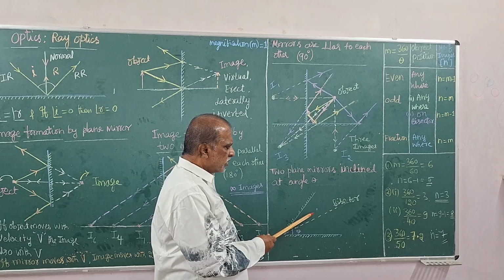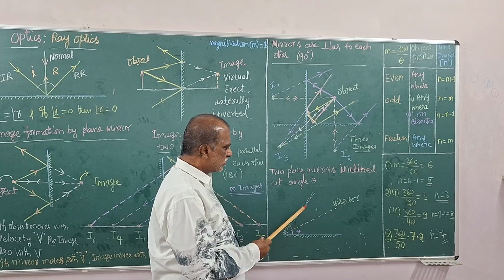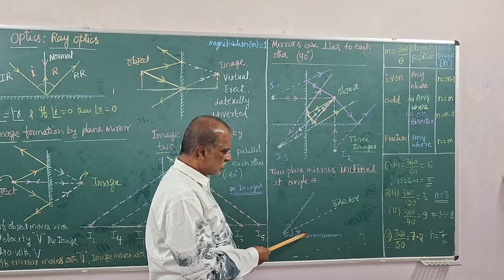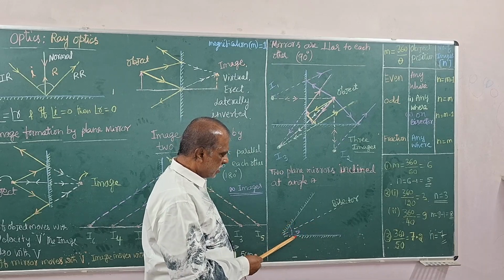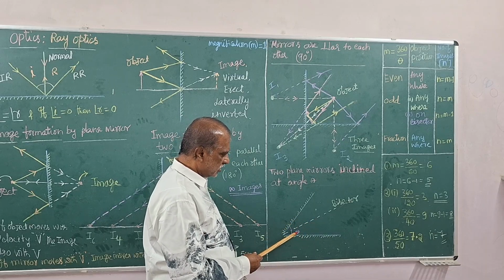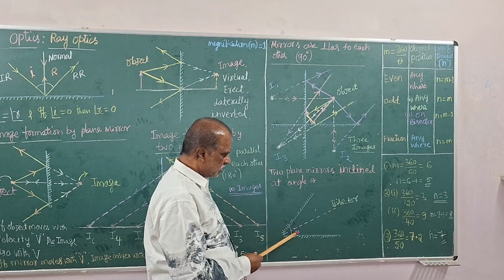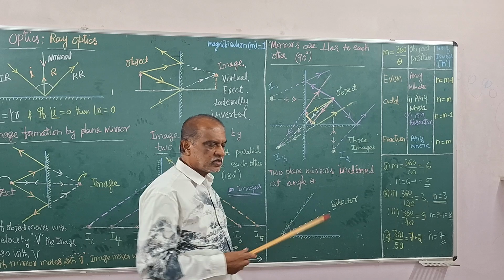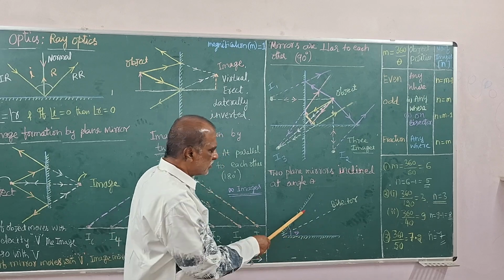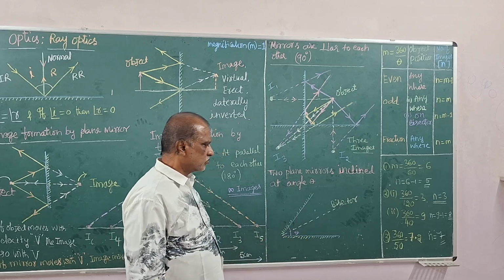The number of images formed by this mirror system depends on the angle theta between the two mirrors, as well as the position of the object in between the mirrors.